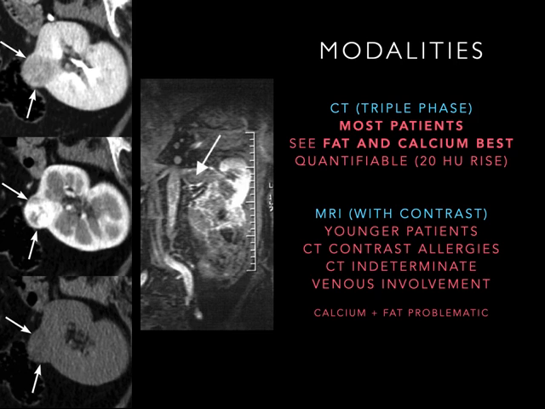It doesn't quite enhance, but especially in younger patients, we tend to pursue those more aggressively and look with either ultrasound or MRI to see if they do enhance. The problem with MRI is that calcium you don't see reliably, and fat can often be misdiagnosed or overdiagnosed on MRI. So I think you've got to be very careful with that.